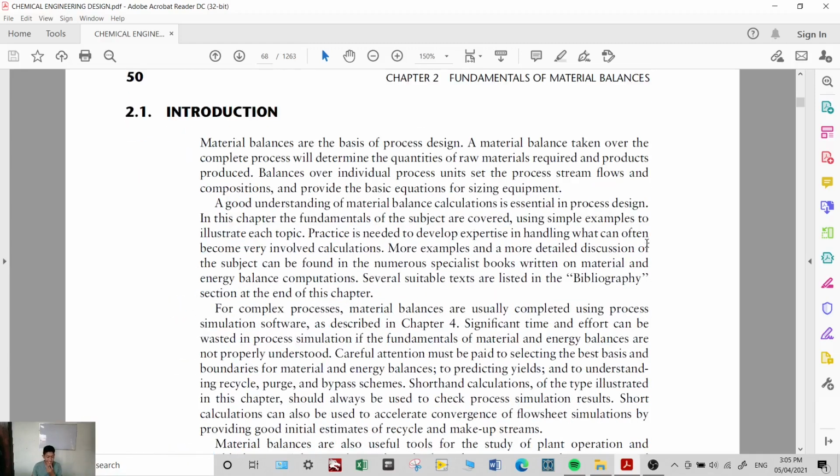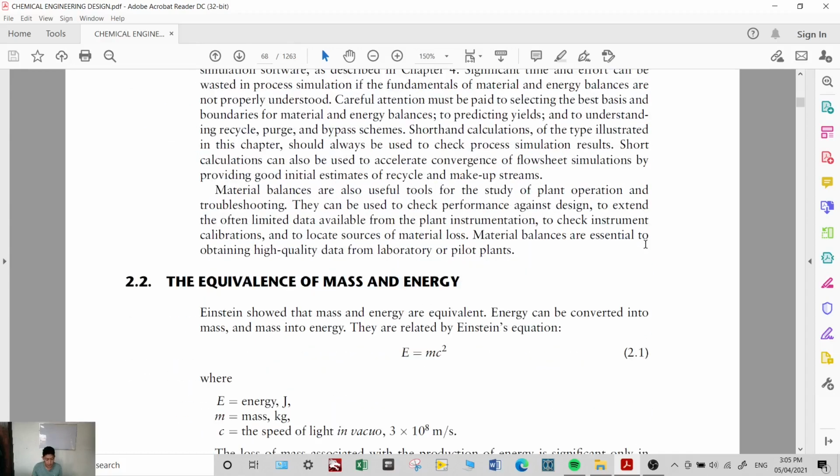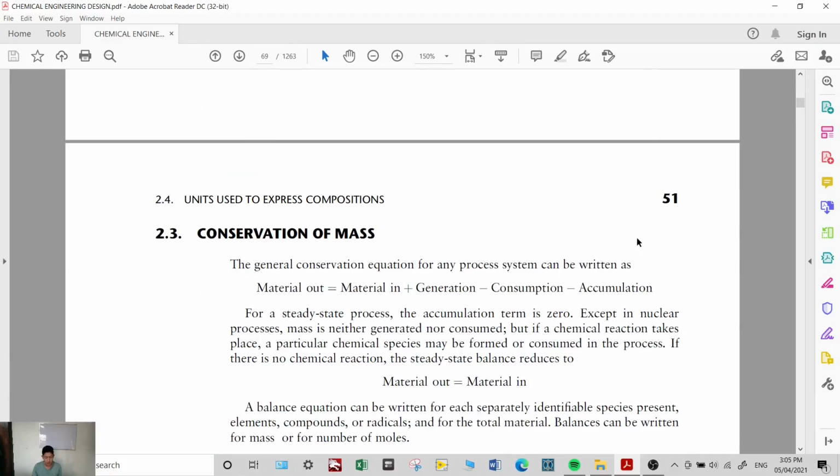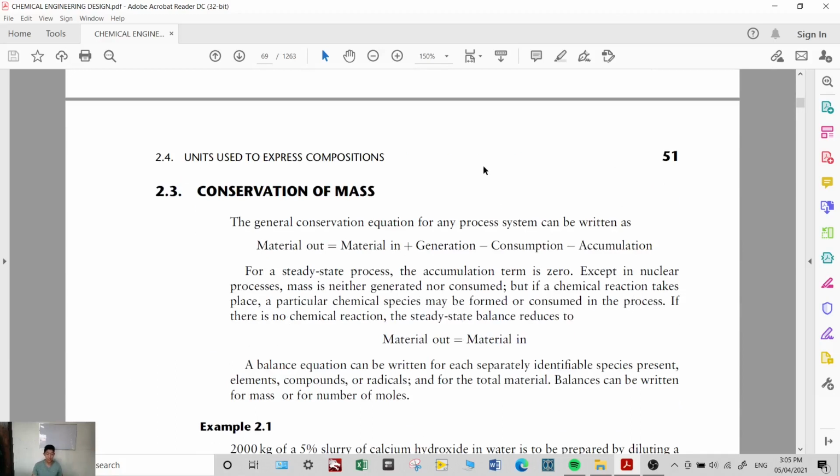Okay, so we'll use the conservation of mass. Basically, this equation is very simple. You have the material out is equal to the material in plus generation minus consumption minus accumulation.